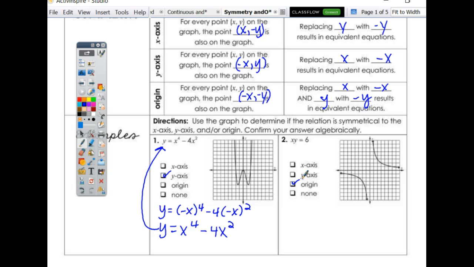So at the origin, we have to change both of them, x and y. So where I see the x, I'm going to put a negative x. Where I see the y, I'm going to put a negative y. So this time, what's a negative times a negative? Positive. So do I end up with the same thing? I do. So that's okay.